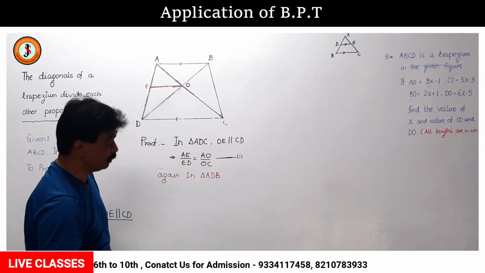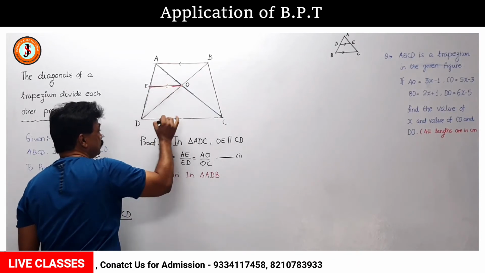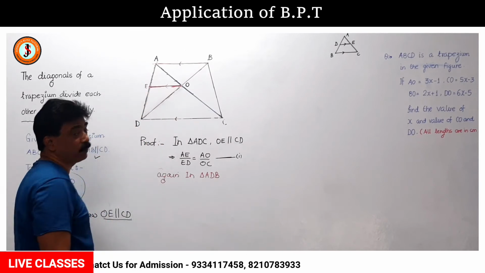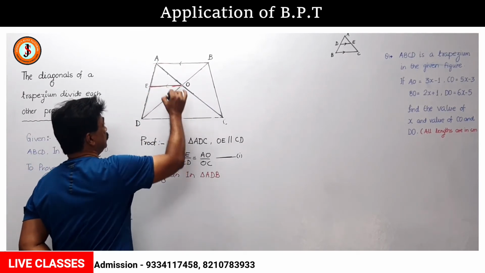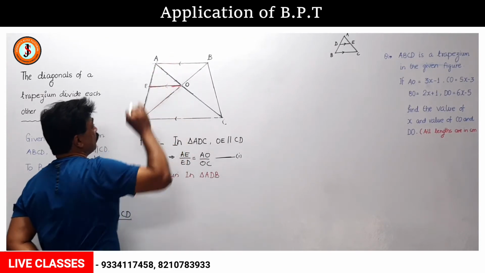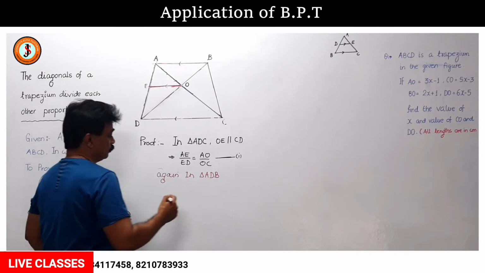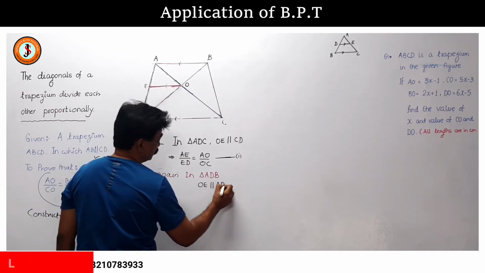Again we can apply B.P.T. We have drawn OE parallel to CD, but CD and AB are already parallel. So if AB is parallel to CD and OE is parallel to CD, that means OE is also parallel to AB.